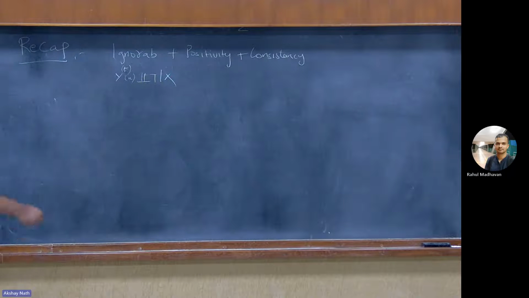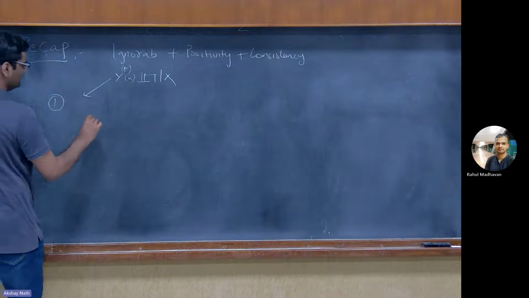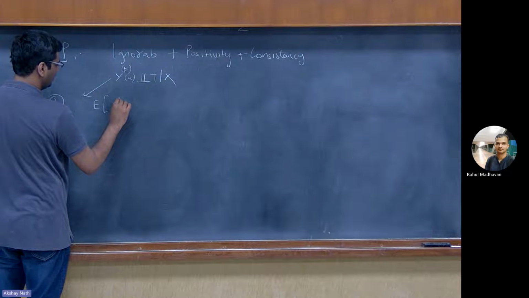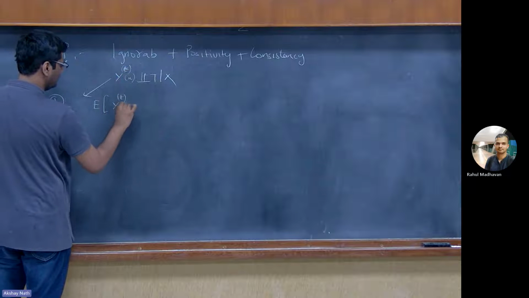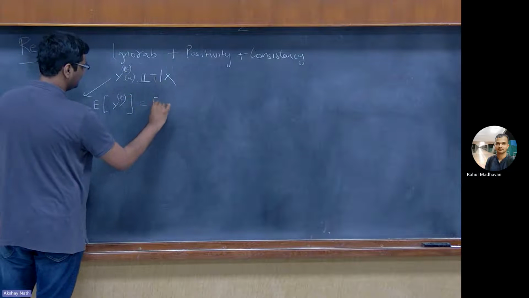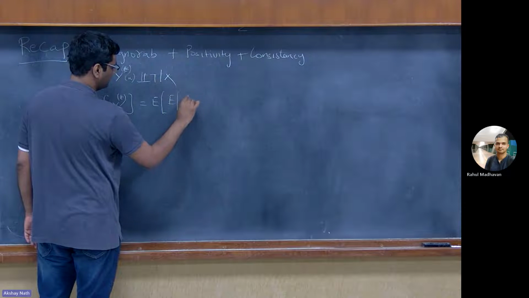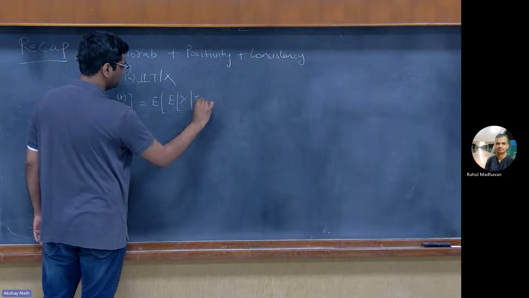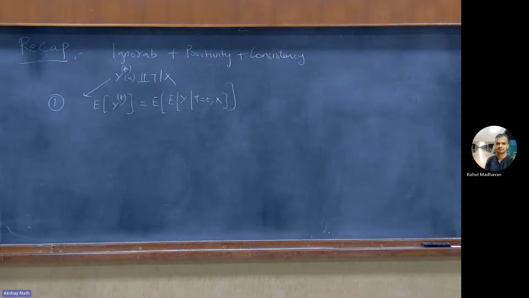Okay. So under these three conditions, we basically saw multiple estimators. The first estimator is that the expected value of, let's call it Y_t, is nothing but the expected value of, again, another expectation, Y given capital T equal to t comma X. I'm just writing a more general quantity.